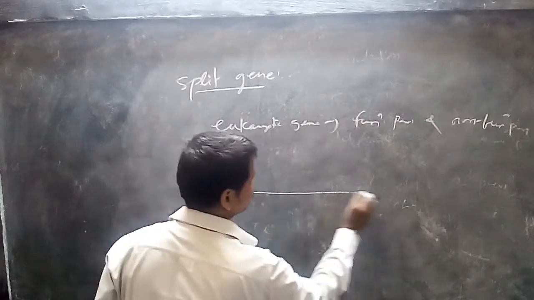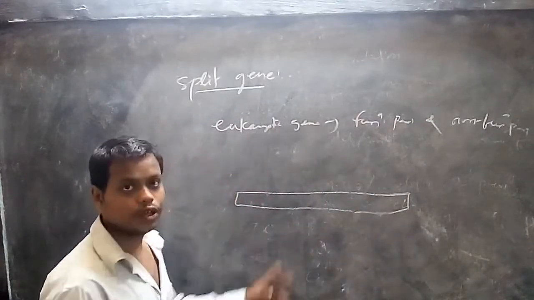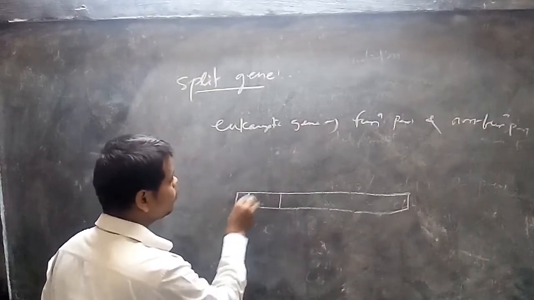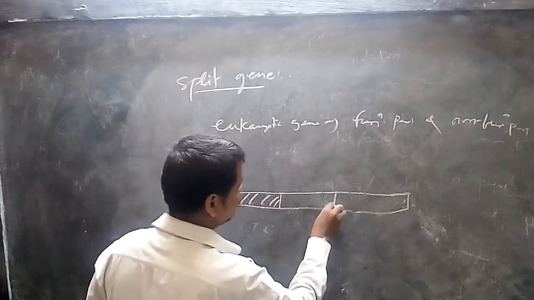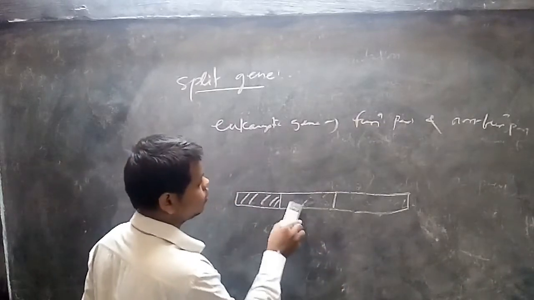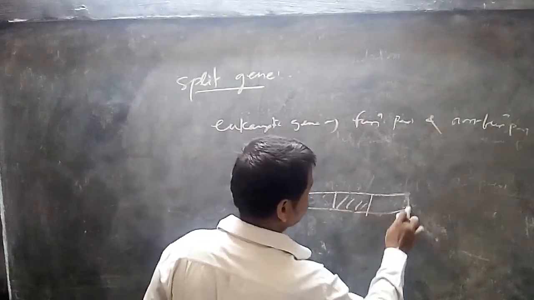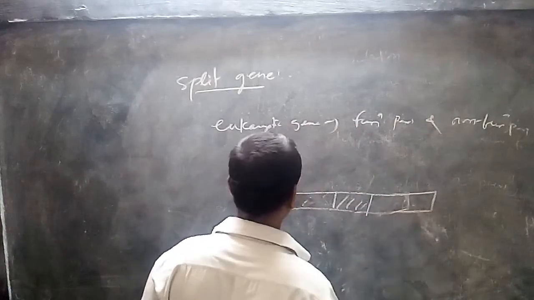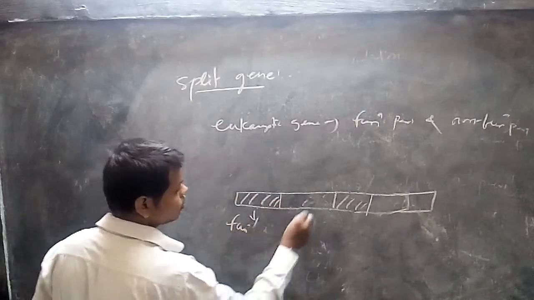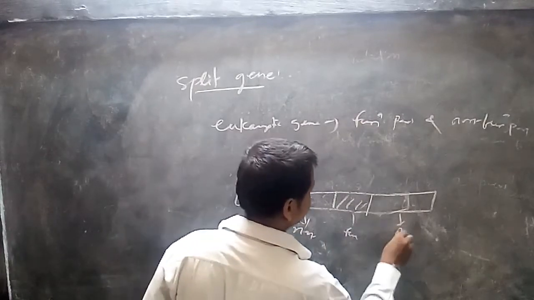Suppose this is the eukaryotic gene. It consists of a functional part and generally large non-functional parts. This is the non-functional part, again this is the functional part, again the non-functional part, functional part, non-functional part, functional part, non-functional part.